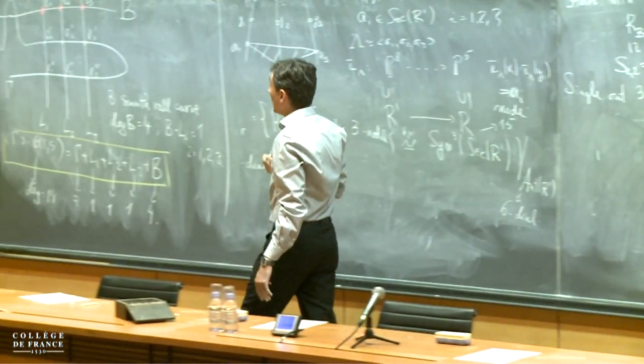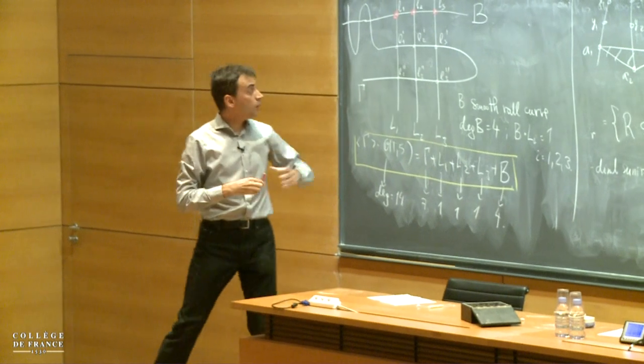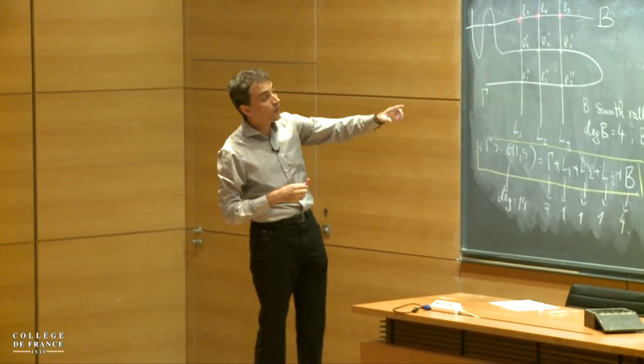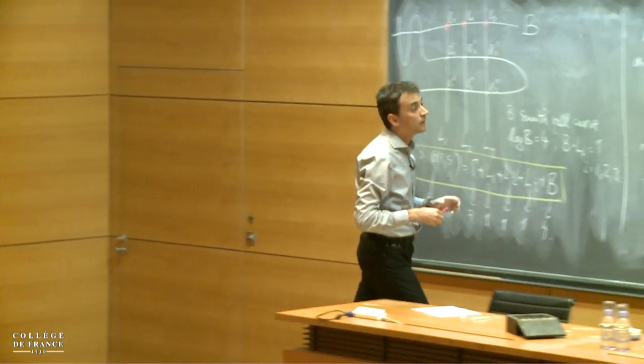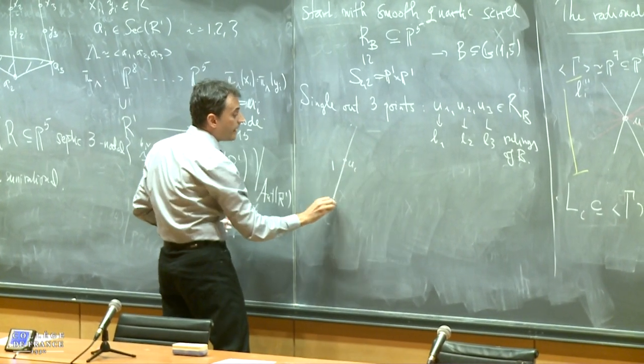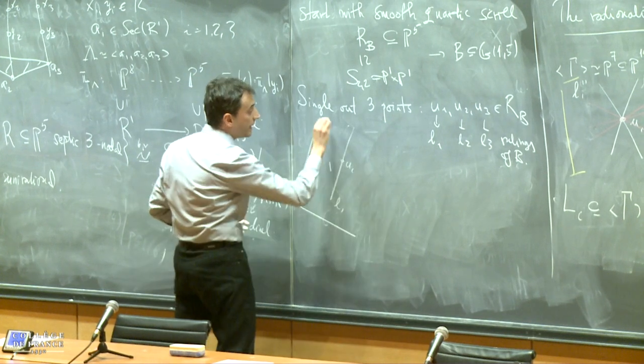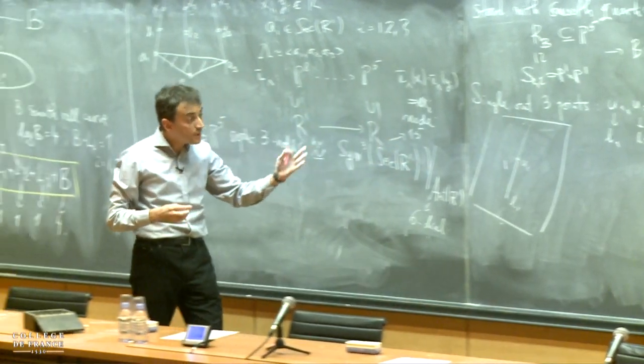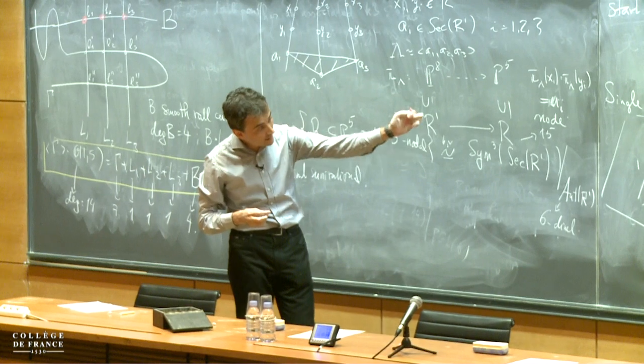Okay, then you have to form the lines capital Li. For that you have to choose now, so here is Ui, here is Li. You have to choose a 2-plane in P5 passing through this line.